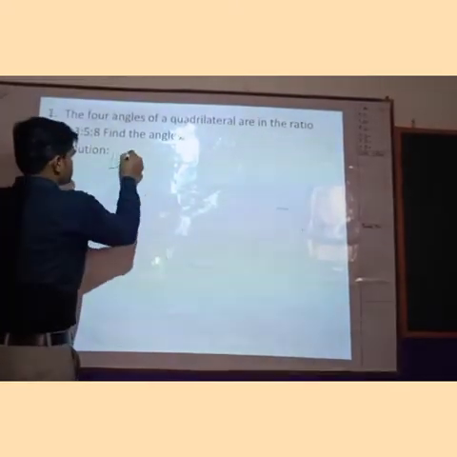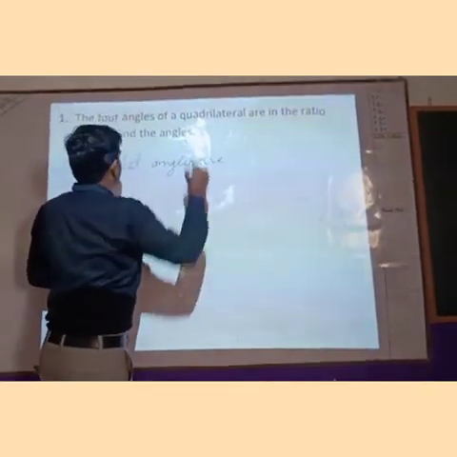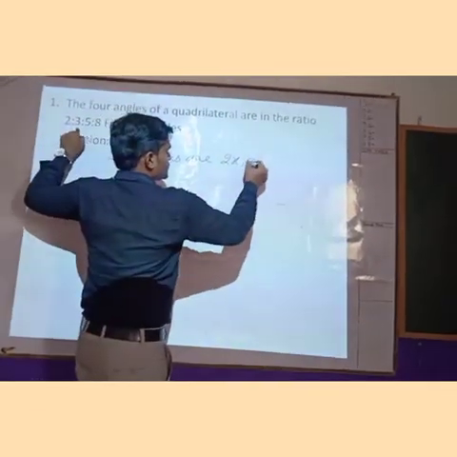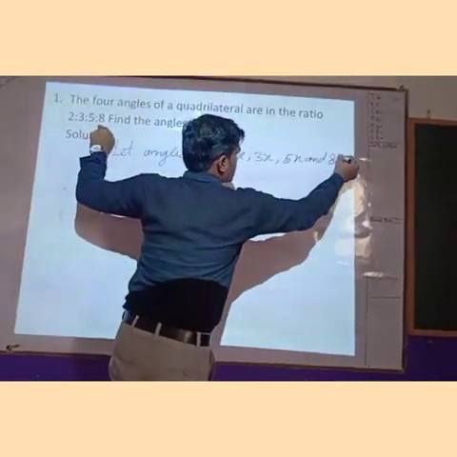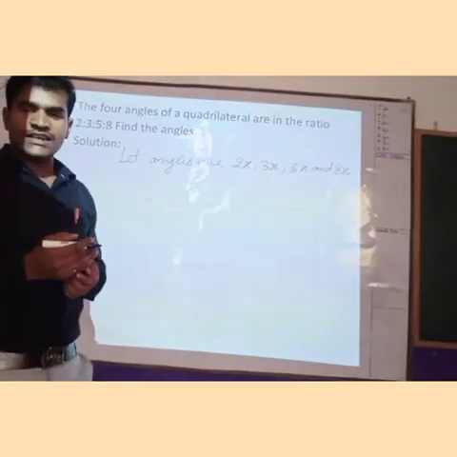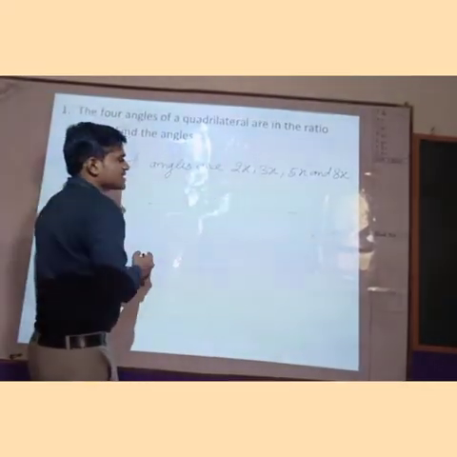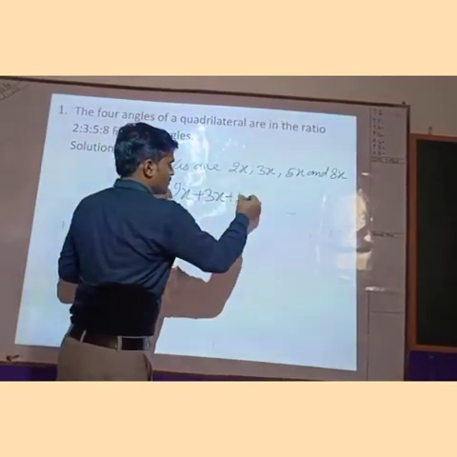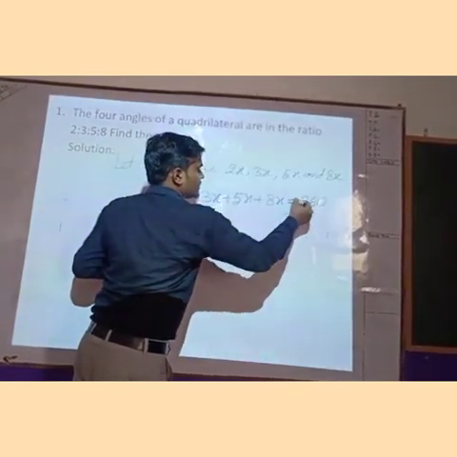So let the angles be 2x, 3x, 5x and 8x. Yes children, now as we know that the sum of the angles of a quadrilateral is 360 degree, by angle sum property of quadrilateral we get 2x plus 3x plus 5x plus 8x is equal to 360 degree.